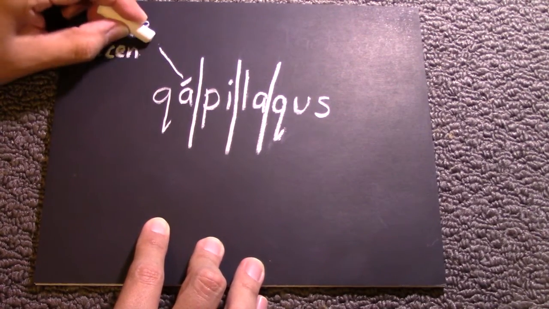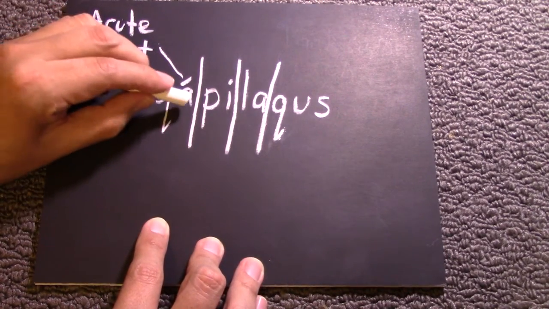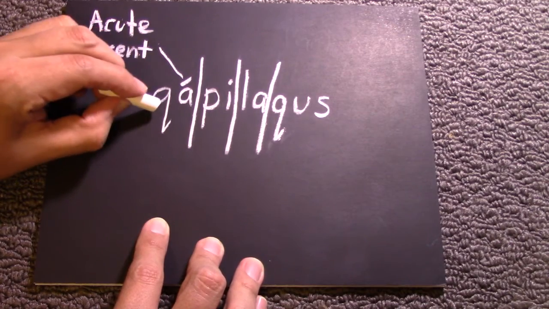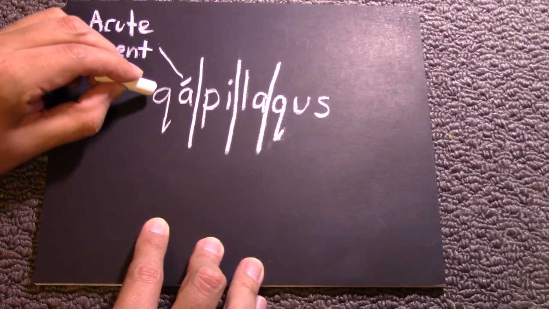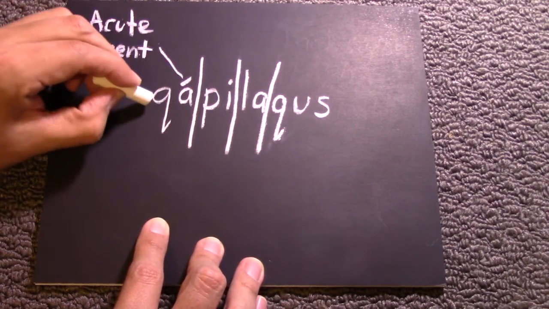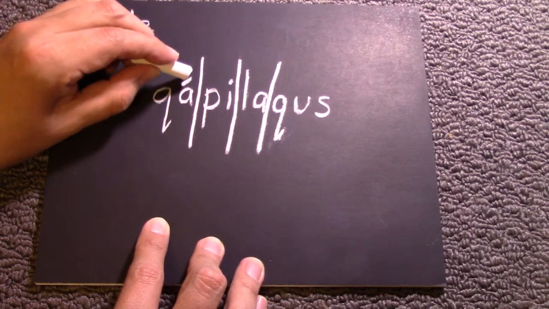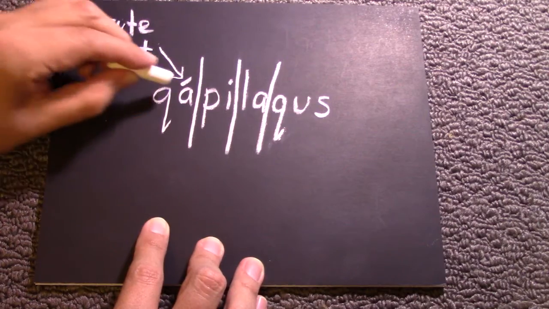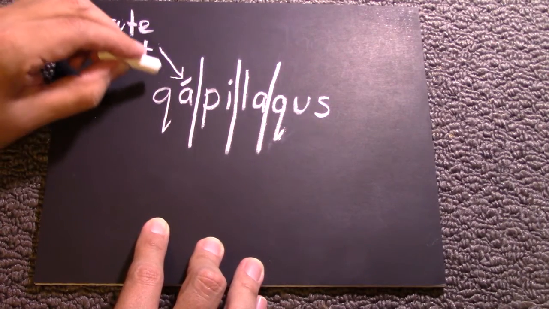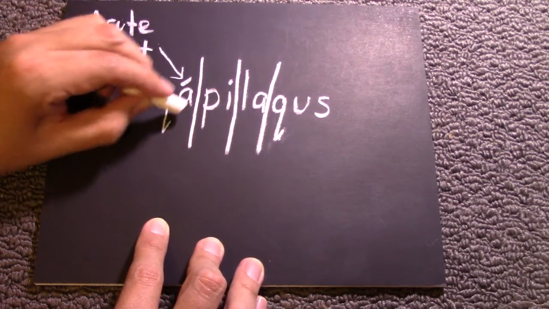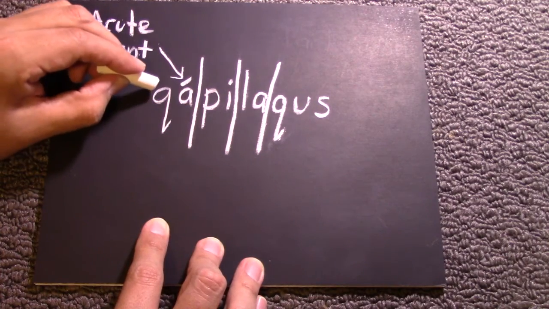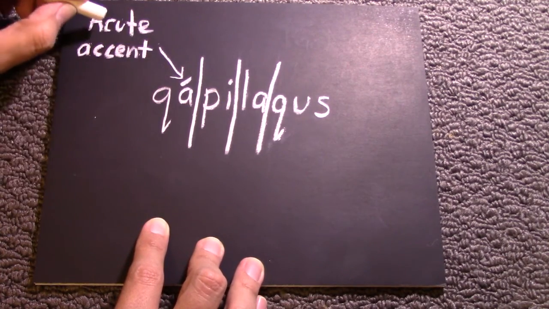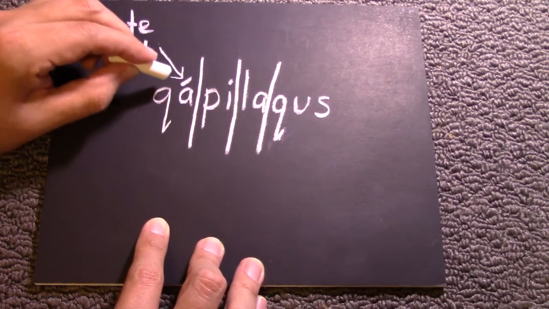What this tells us is to say this with a little more emphasis. So we're raising the pitch of this first syllable, because the acute accent is over the A, and the Q and A combine to make a syllable. Ka.